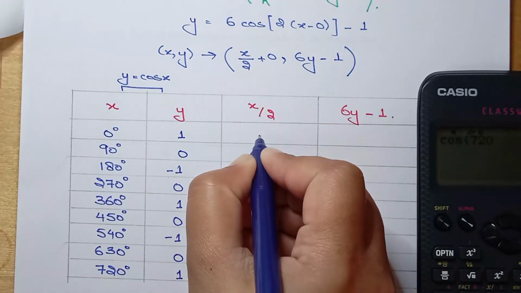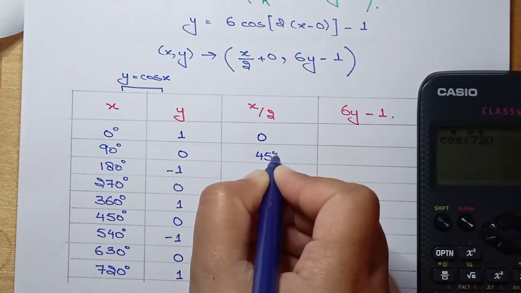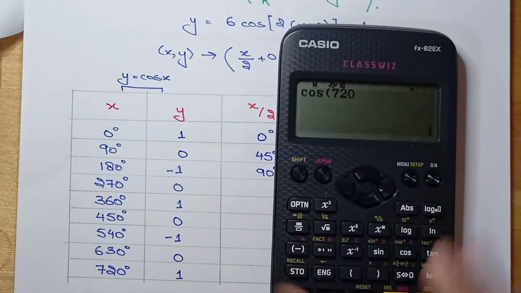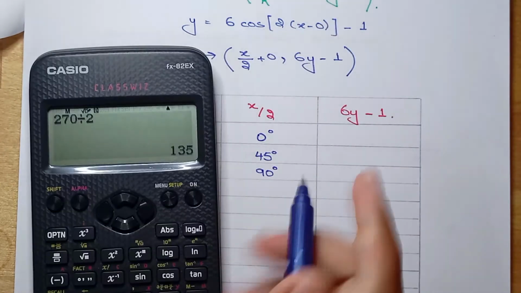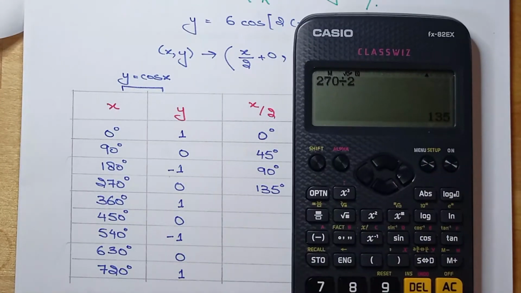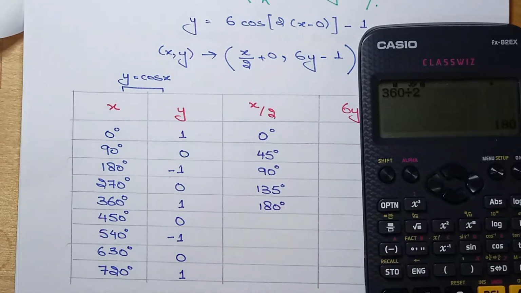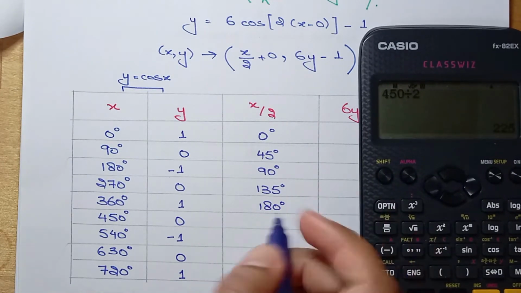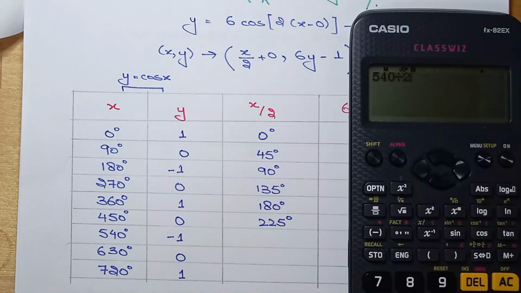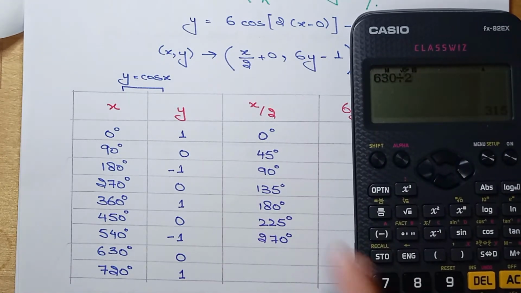So 0 divided by 2 is 0. 90 divided by 2 is 45. 180 divided by 2 is 90 degrees. 270 divided by 2 is 135 degrees. 360 divided by 2 is obviously 180. 450 divided by 2 is 225. 540 divided by 2 is 270. 630 divided by 2 is 315.